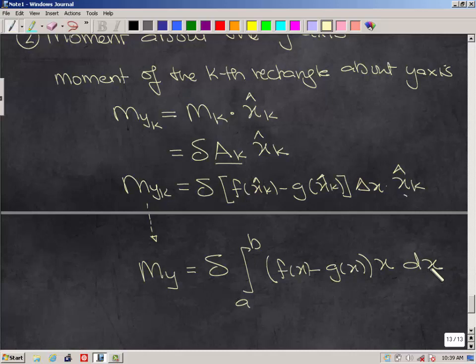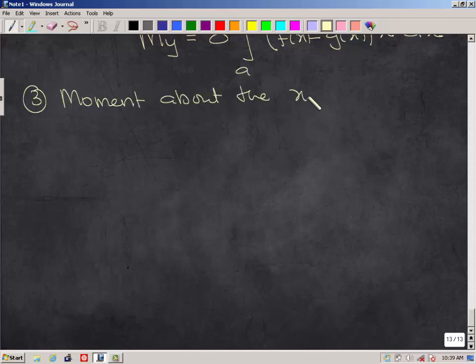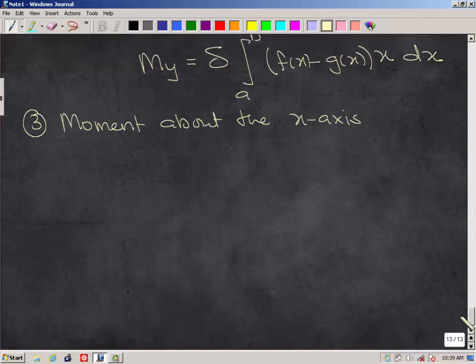Is that okay? So that is the moment about the y-axis. Similarly, we have the moment about the x-axis. Okay. So in this case, what do we get?